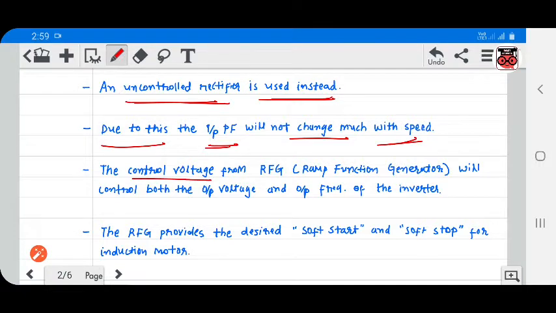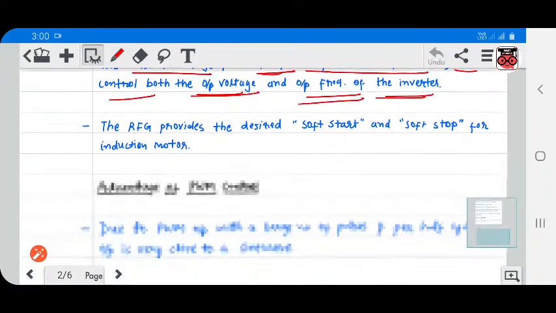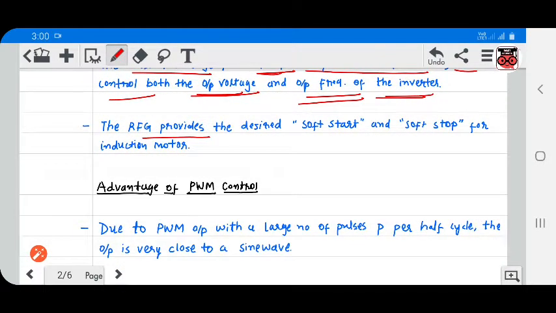The control voltage from the RFG, that is the ramp function generator, will control both the output voltage and the output frequency of the inverter. The RFG provides the desired soft start and soft stop for the induction motor.